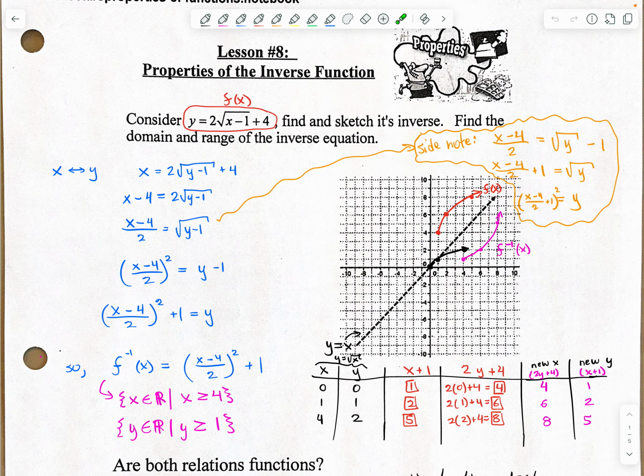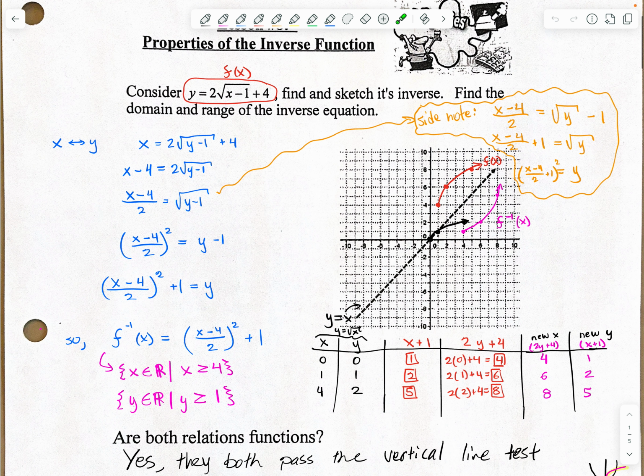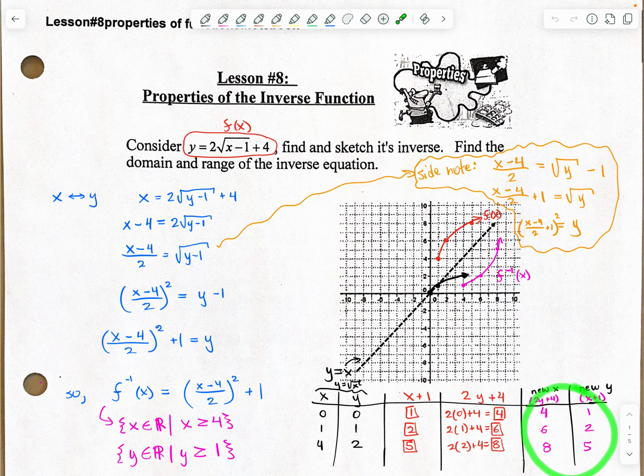So those are the transformed points, and then I can go ahead and find the inverse of that, which would be swapping the x and y's. So swapping these points right here: 4, 1, 6, 2, and then 8, 5. These are the points that I want to plot on my grid.